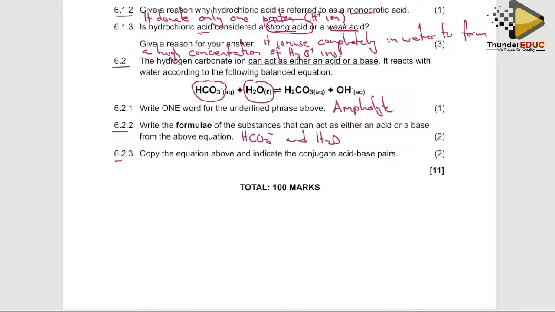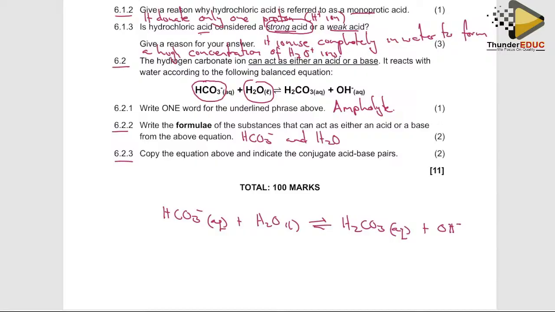Then the final question says copy the equation above and indicate the conjugate acid-base pairs. So this is what you're having: HCO3 negative, then plus H2O, which is a liquid, giving a reversible reaction to H2CO3, plus my hydroxide ions.